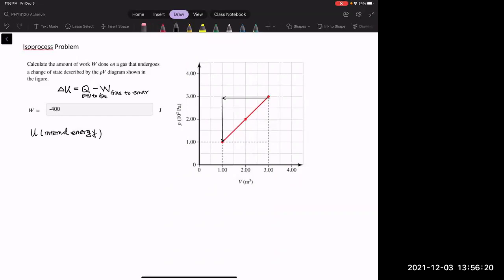The equation to find this is equal to 3/2 nRT, or 3/2 P times V. There are some other ways that you can find this. If you know the total number of air particles, you divide by Avogadro's number and times RT.